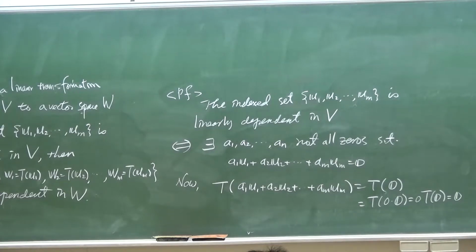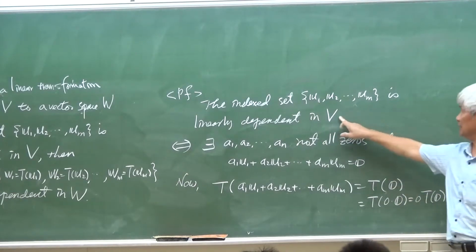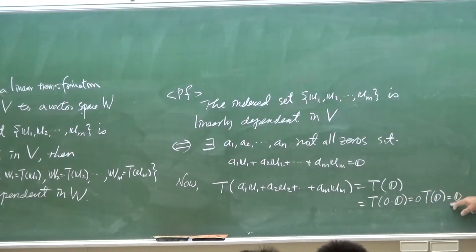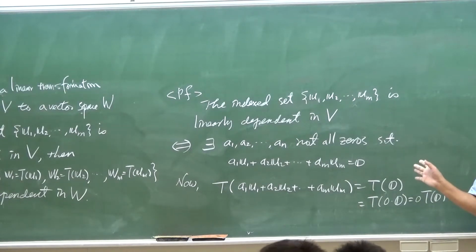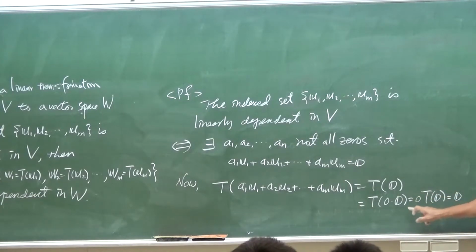I just proved that for any linear transformation, because we have already proved that before for all linear transformations from Rn to Rm, that T(0) goes to 0. So actually, the zero vector in V after linear transformation will go to the zero vector in W. That's always true, but I haven't proved that, so I have to prove it here.